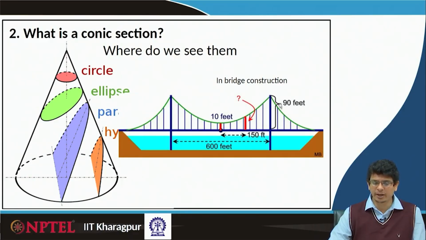The entire weight will be suspended on these wires, and typically these wires will be of a parabolic path. So, for bridge construction also, constructing these parabolic curves and determining what the rope length should be from one point to another point is very much required. Unless we construct the parabola, we will not be in a position to know how much length it is supposed to have for the load distribution.